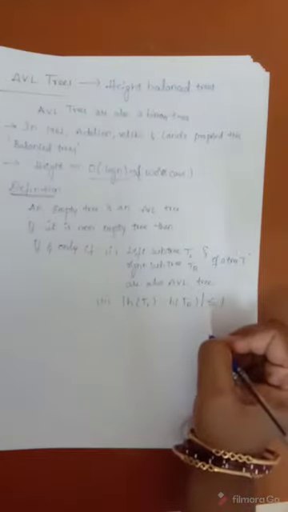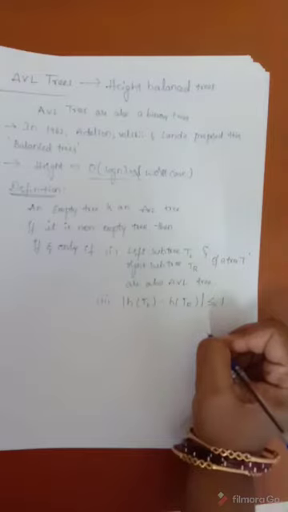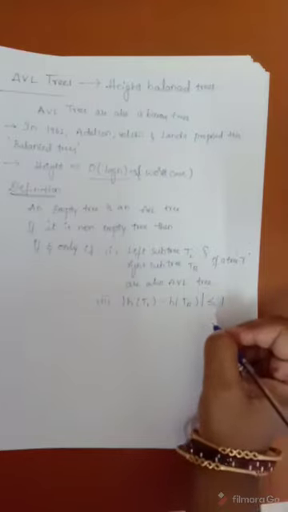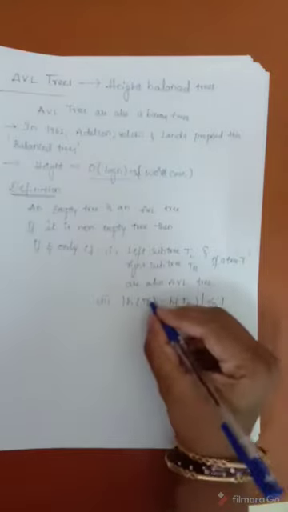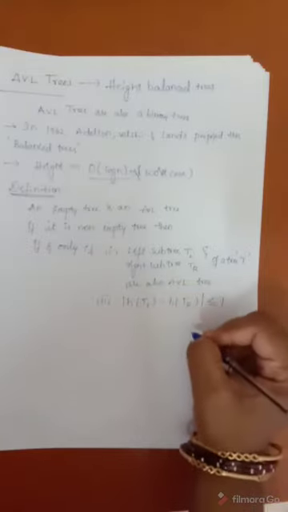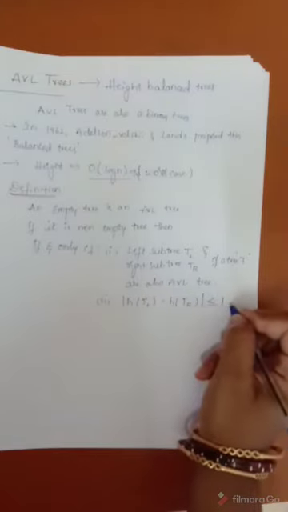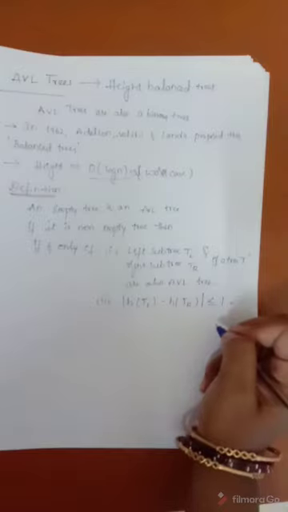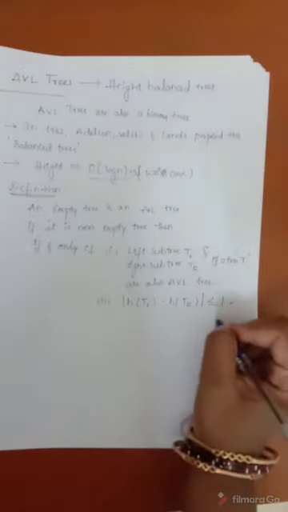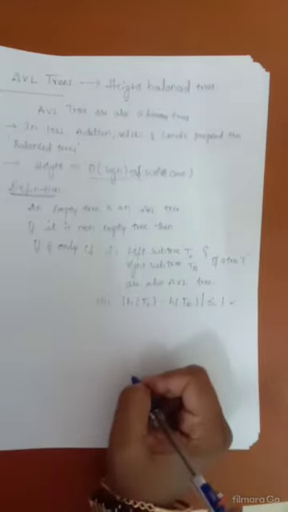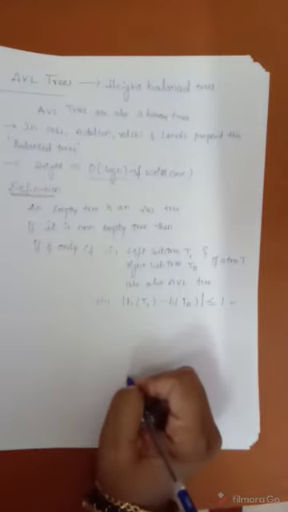Whether it is equal to 1 or less than or equal to 1, then only can we say that the heights of the left and right subtrees differ by at most 1, and the AVL tree has the balance factor. After this verification, we can say that the tree is an AVL tree.